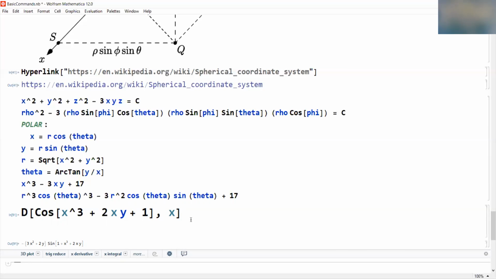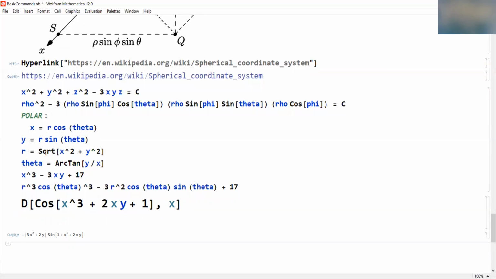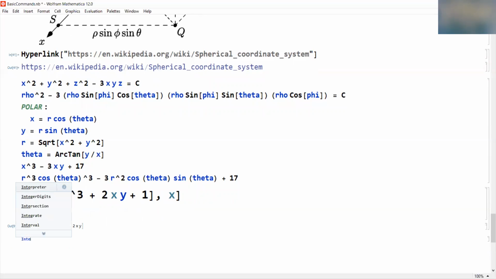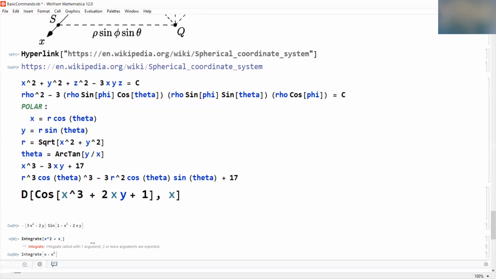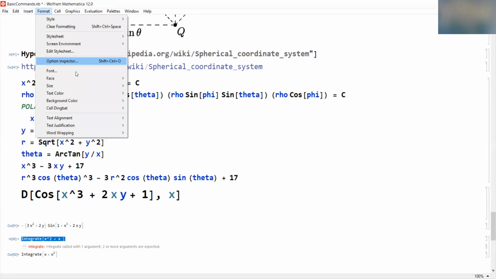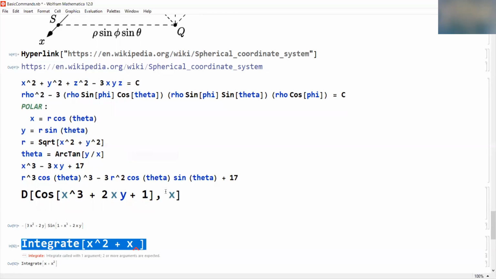What about finding antiderivatives? So integrate, let's do x to the 4th, let's do x squared plus x. And it's telling us no go. So what do you think the mistake is here?